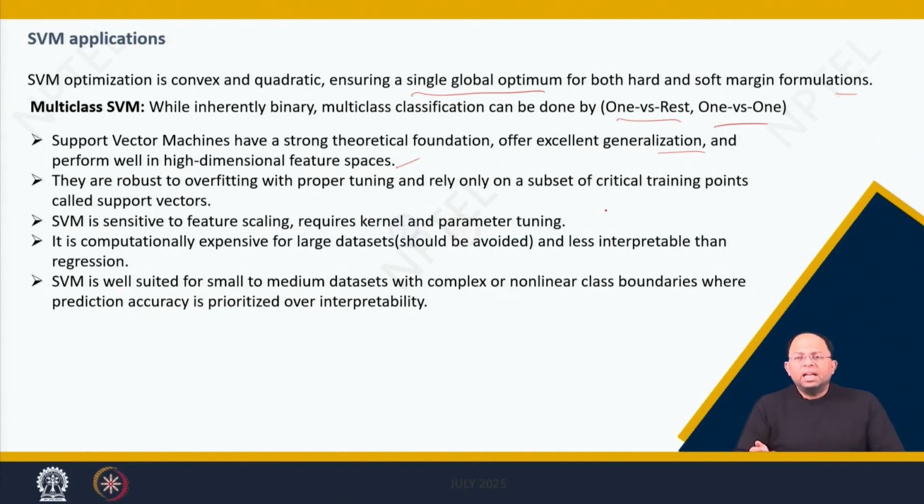That means for very large data sets we can avoid SVM, and compared to regression it is much less interpretable, right? So we cannot say which features are influencing how much and so on. But SVM is well suited for small and medium data sets with complex or nonlinear class boundaries where prediction accuracy is prioritized over interpretability. So this is in which cases we are going to use SVM.